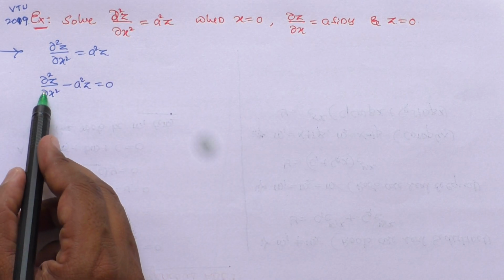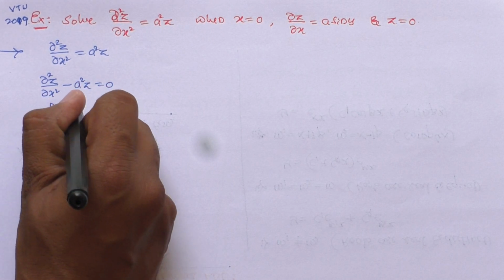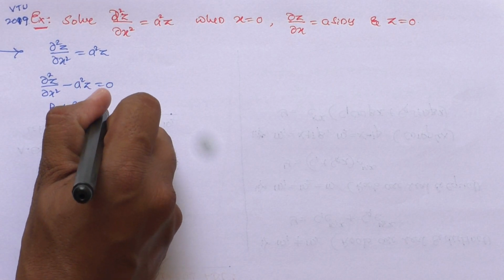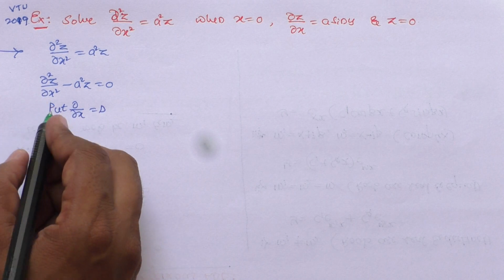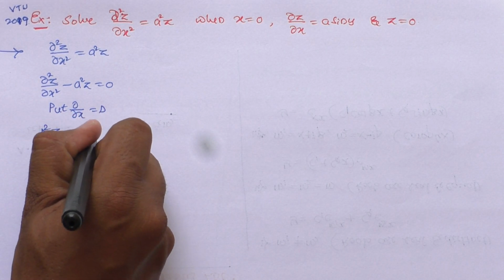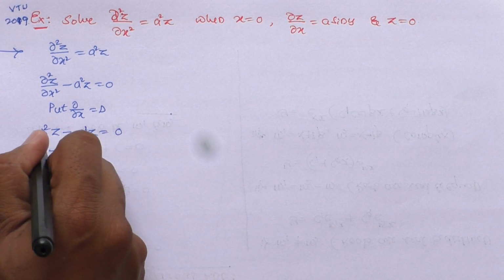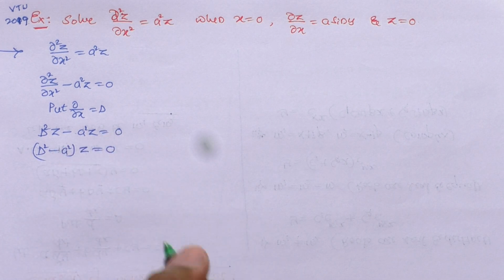Here dou by dou x is the derivative, so put dou by dou x equal to capital D. When you substitute, you get D square z minus a square z equal to 0, or D square minus a square into z equal to 0.